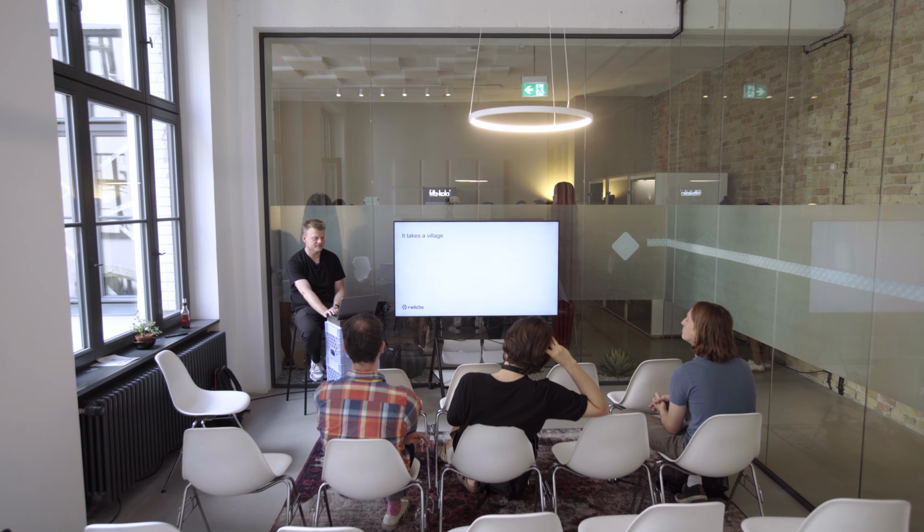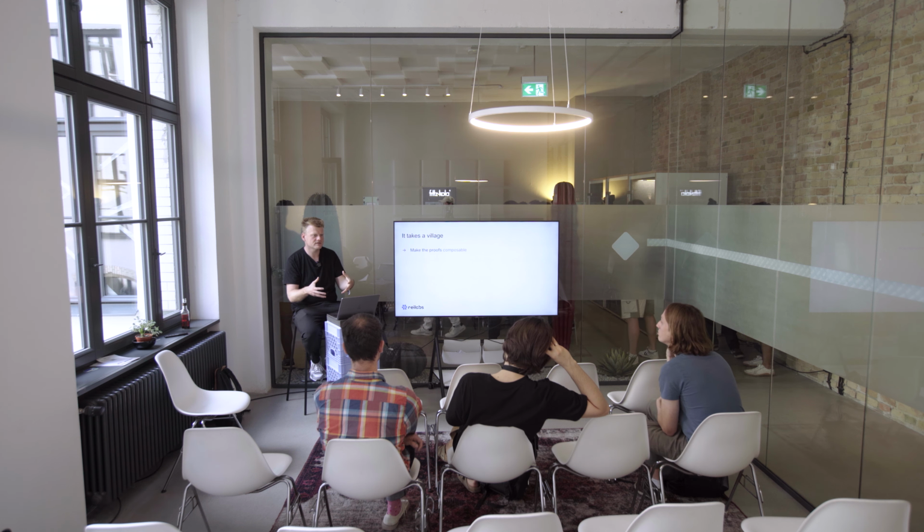And one more thing is that, again, going back to the repetitiveness of this work, it takes a village to make this happen. So we are starting from the assumption that proofs should be composable. If you are a library author in Noir, you should be able to publish your proofs, your theorems, your lemmas, and they should be reusable for the users of your library.